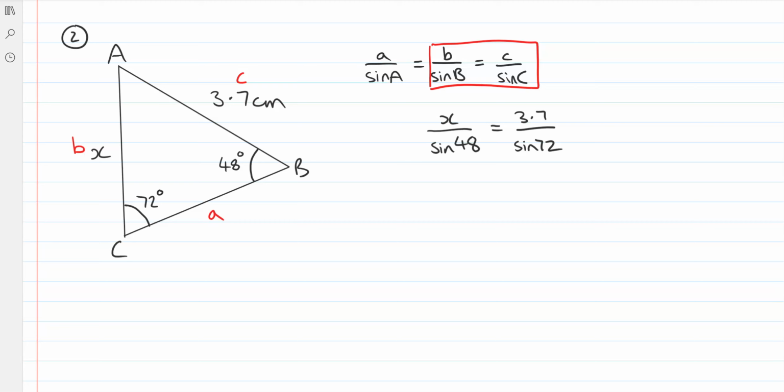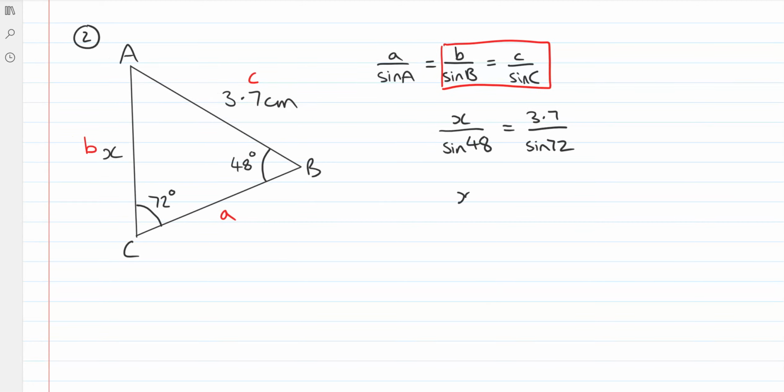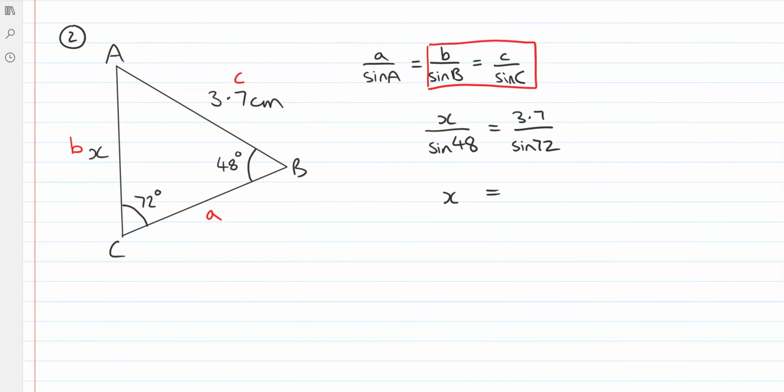Again, x is being divided by sine 48, so we multiply both sides by sine 48, so it cancels the sine 48 on the left-hand side. And if I'm multiplying this side by sine 48, then because we've already got a fraction, it's going to attach itself to the top. So 3.7 multiplied by sine 48 all over sine 72.